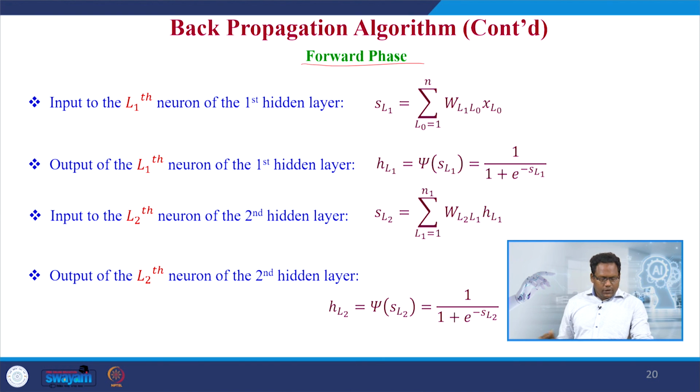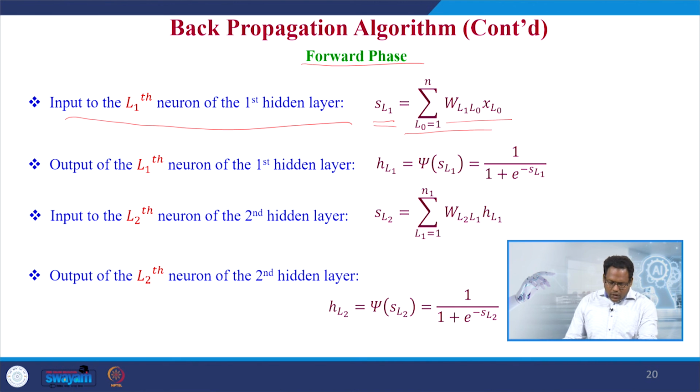Here the input to the L1th neuron of the first hidden layer is SL1, which is given by the summation over L0 equal to 1 to n of W L1 L0 multiplied by the input vector.